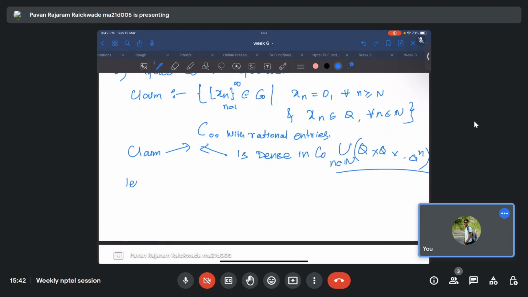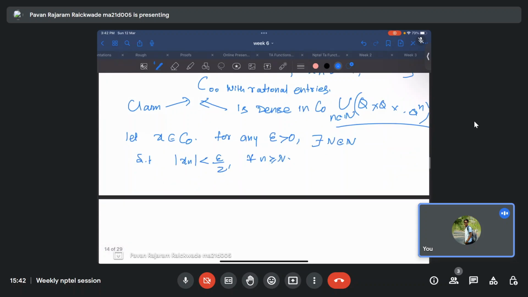So let any x belong to c0, and for any epsilon positive, there exists some capital N so that modulus of xn is strictly less than epsilon for all n greater or equal to capital N. No need of epsilon by 2.